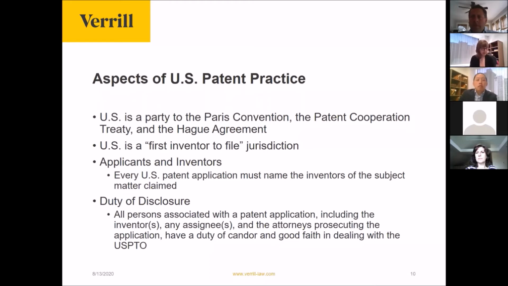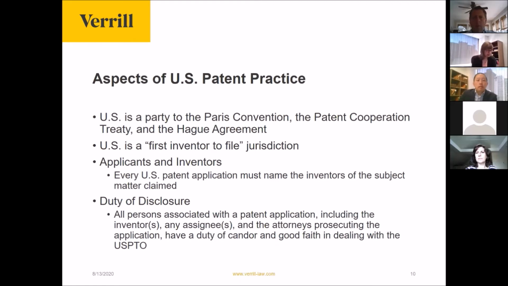For certain patents, the U.S. is now a first inventor to file jurisdiction. So this puts an emphasis on filing patent applications early to secure a filing date before any prior art becomes published, or before perhaps a competitor working on a similar technology files their application.